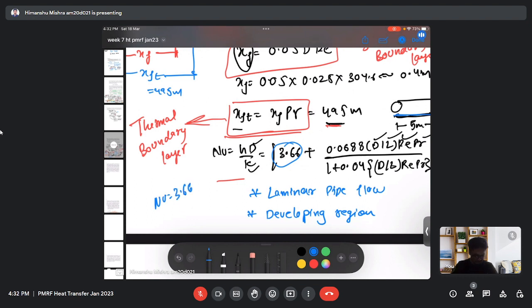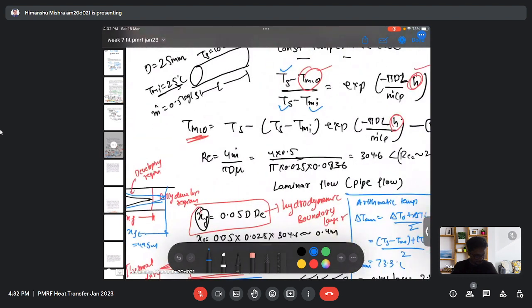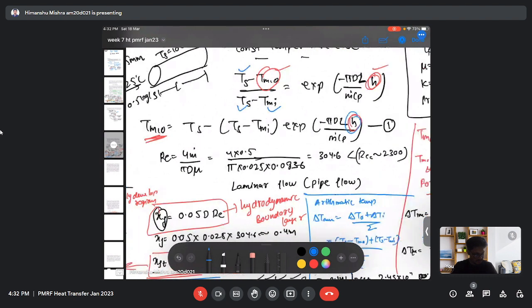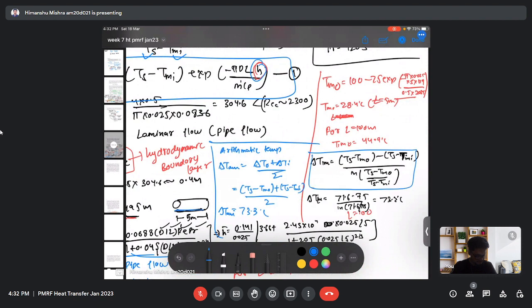This is for the fully developed region, laminar pipe flow, and this is for the developing region, laminar pipe flow. So from this relation, we found the heat transfer coefficient, and then we put the heat transfer coefficient here in equation one to find the outlet mean temperature, and then we also found the log mean temperature difference and the arithmetic temperature difference here.